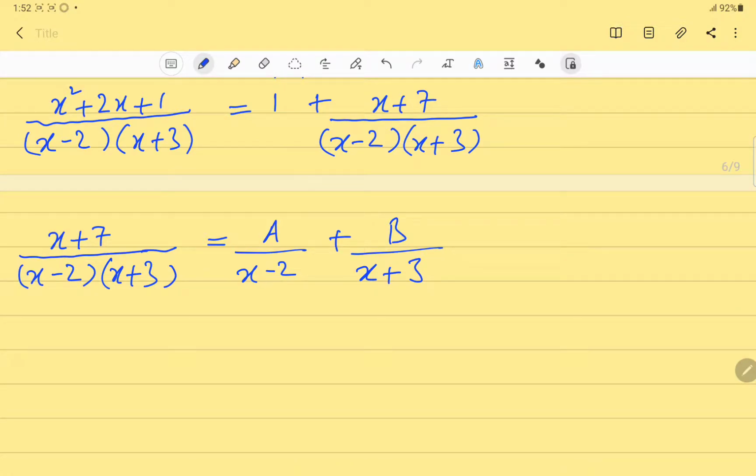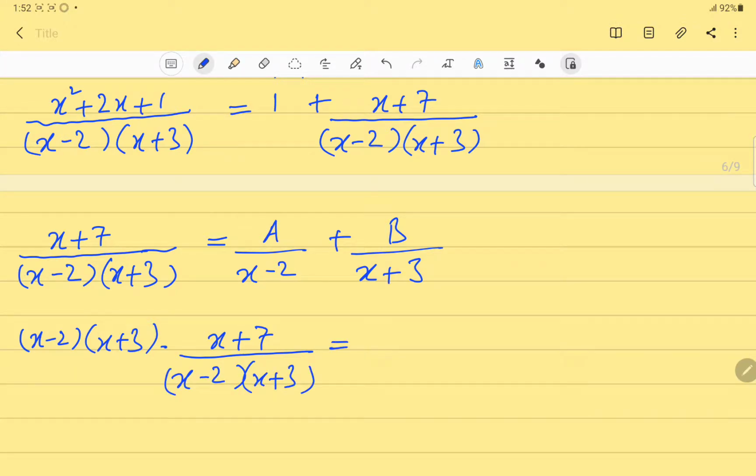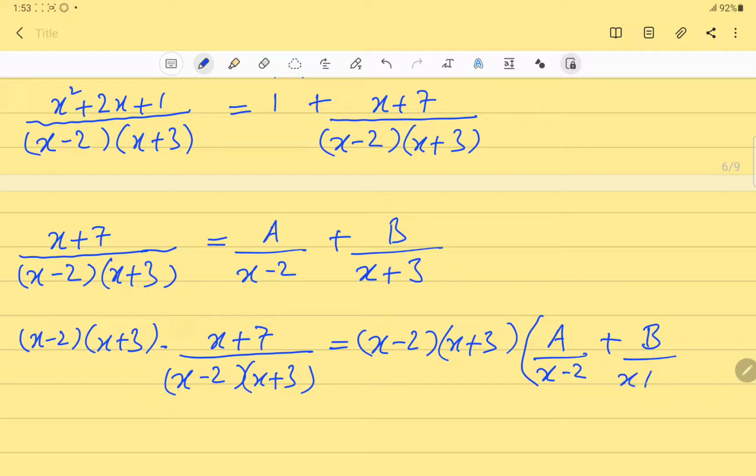Now we multiply both sides by x minus 2 into x plus 3.